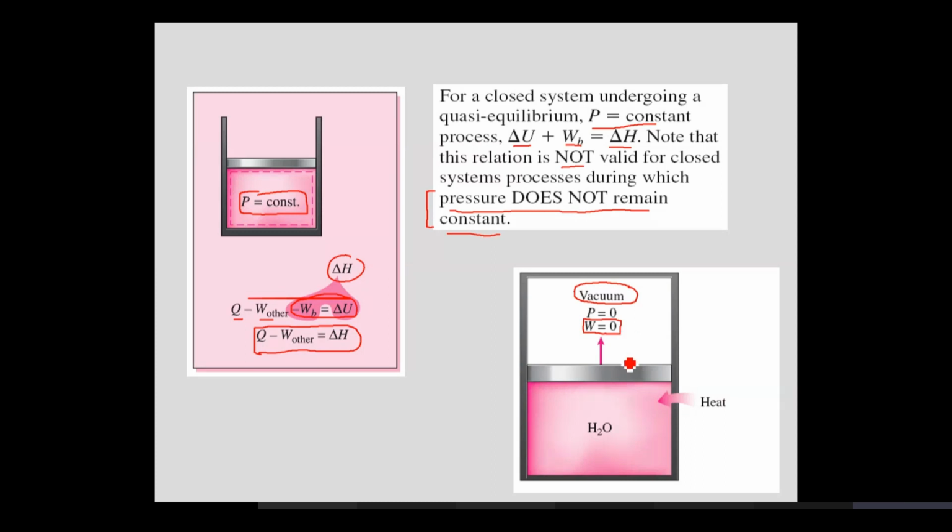So any expansion of your system in vacuum would mean that your work done is essentially zero. Remember this point. So expansion against vacuum means no energy transfer takes place in terms of work.